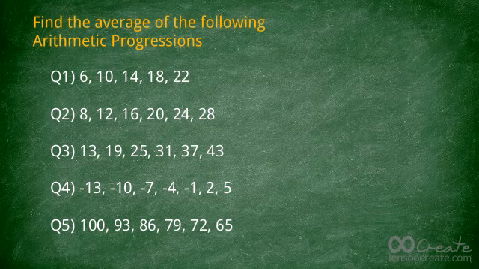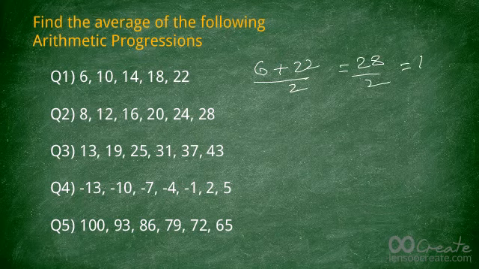Okay, here are the answers to these 5 questions. Question number 1. The average of this series is going to be 6 plus 22 divided by 2, which is 28 upon 2, that's equal to 14.